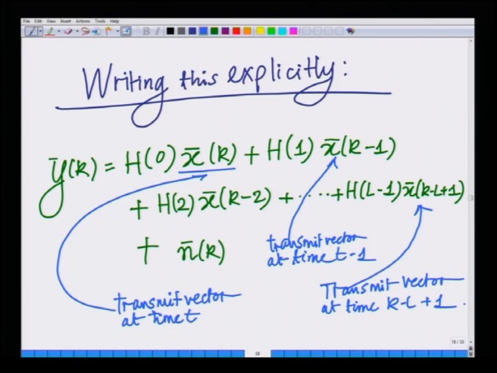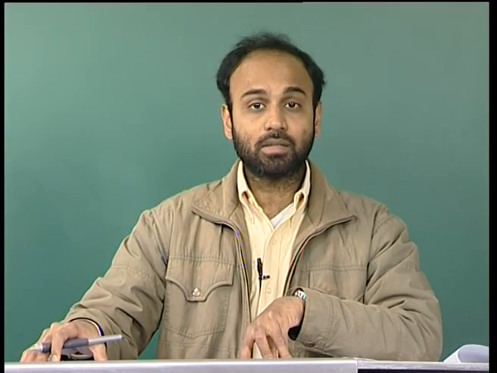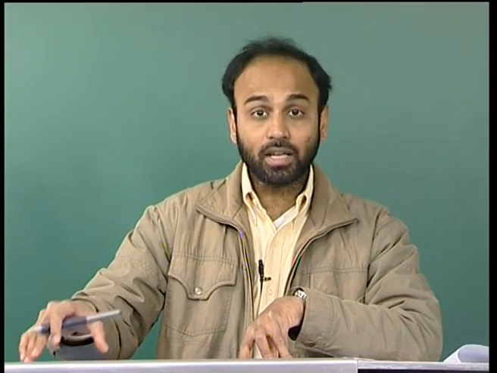Hence, y bar k depends not only on x bar k, but also on x bar k minus 1, x bar k minus 2, so on up to x bar k minus L plus 1. Remember, this is a model of inter-symbol interference, but it is inter-vector symbol interference. Hence, this is a frequency selective MIMO channel.